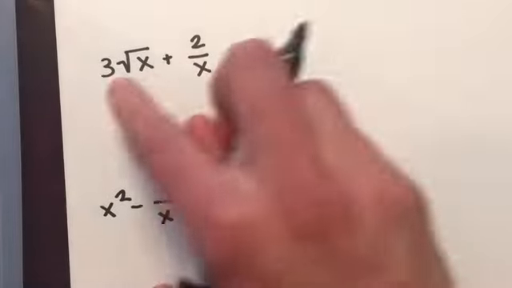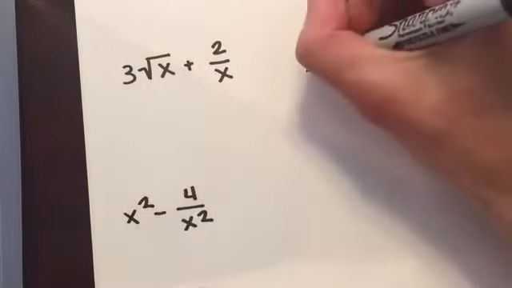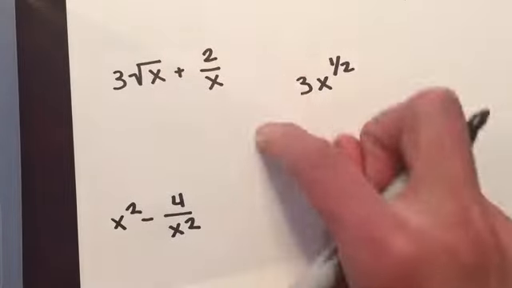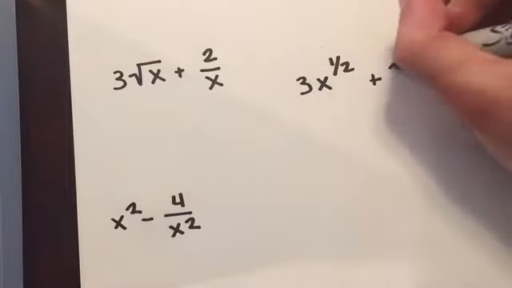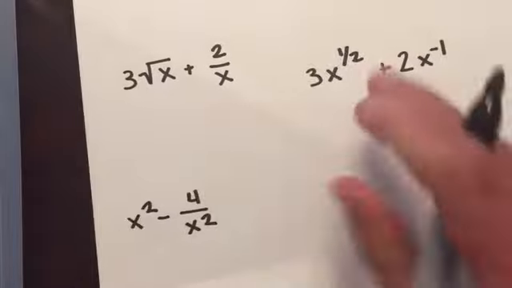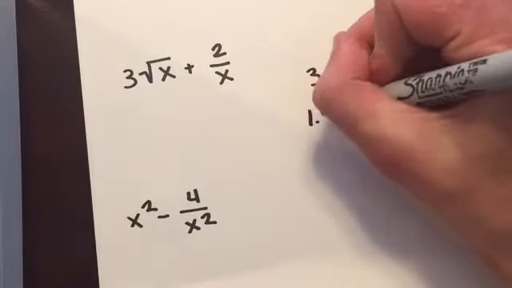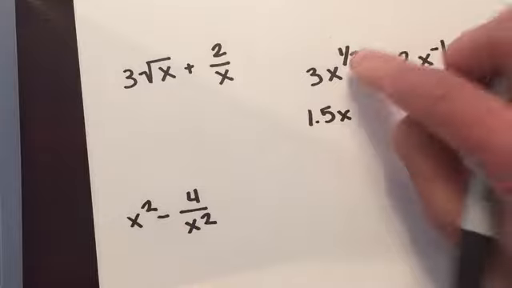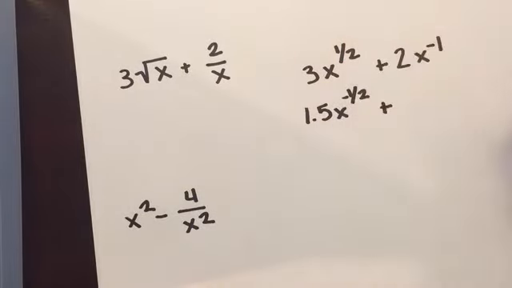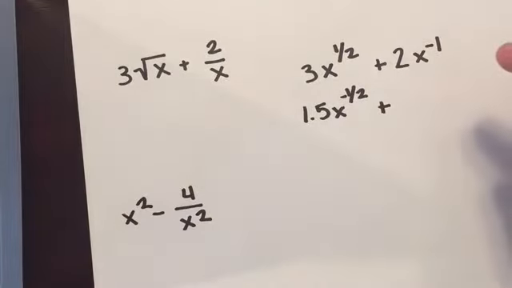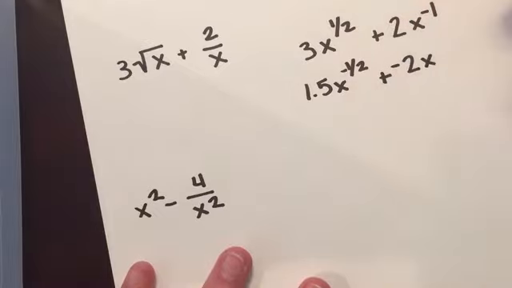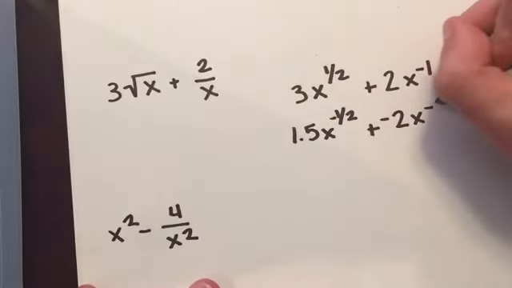Okay, so I'm going to simplify this problem to 3x to the 1/2, because that's what the power of a square root is, plus 2x to the negative 1, because it puts it below. So 1/2 times 3 is 1.5. And then 1/2 minus 1 equals negative 1/2, plus 2x to the negative 1: negative 1 times 2 is negative 2. So negative 2x, negative 1 minus 1 is negative 2.